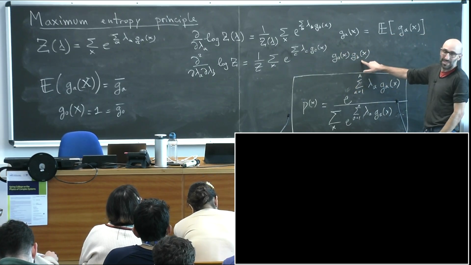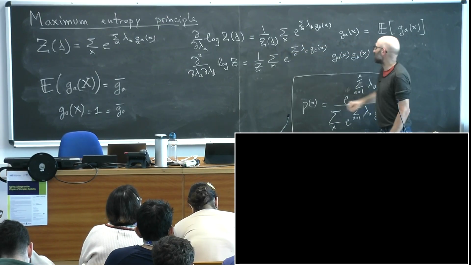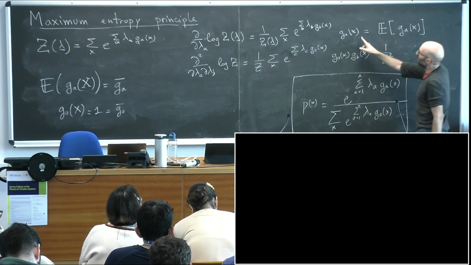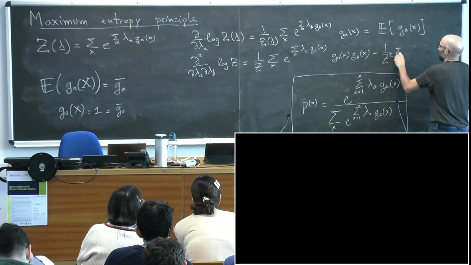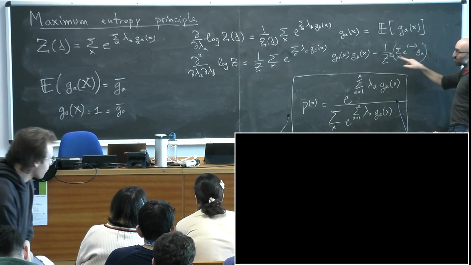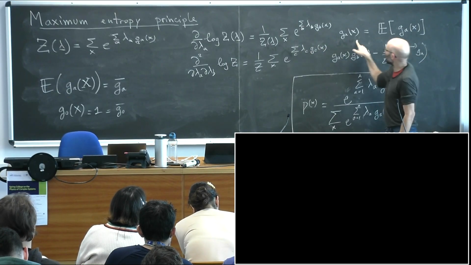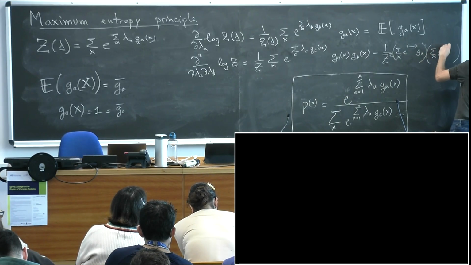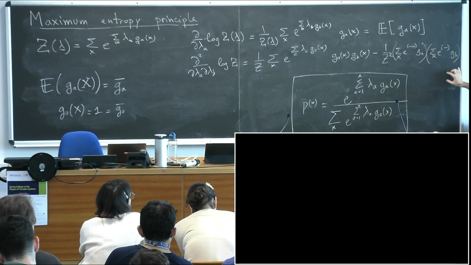Then you have to take the derivative of Z, so you get minus 1 over Z squared times this, times another derivative of Z, which will give you another factor like this one, but this time with b. Please stop me if I'm going too fast, but I assume that you might already have seen this.